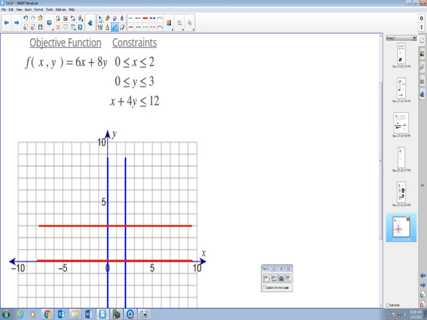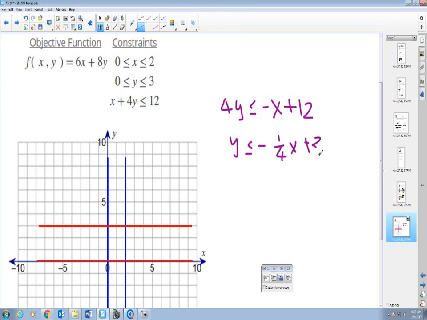Now come to this last constraint, solving for y. That's 4y less than or equal to negative x plus 12. If I divide every term by 4, that's negative 1/4 x plus 3.